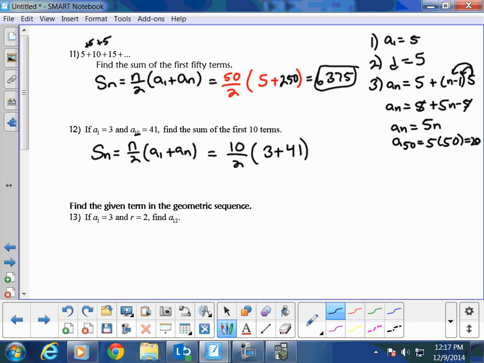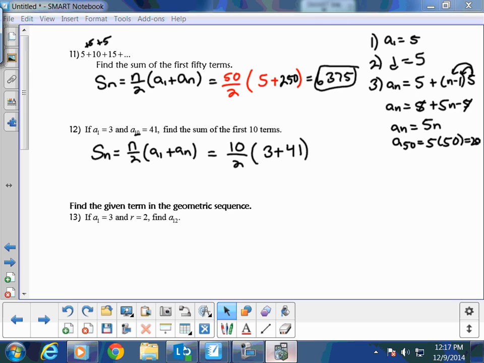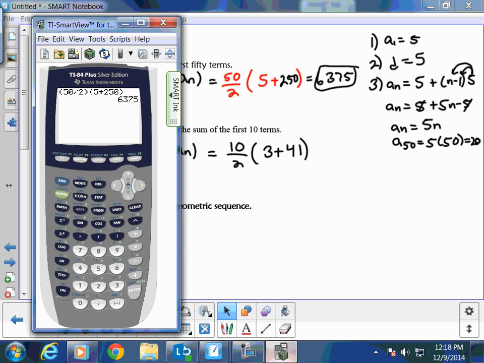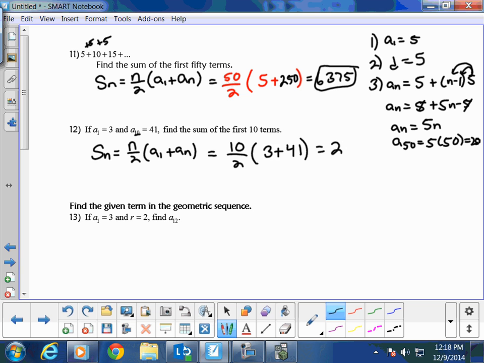Let's compute this and come up with an answer. 10 divided by 2 is 5, 3 plus 41 is 44, which gives me 220. So the corresponding solution for question number 12 is 220.